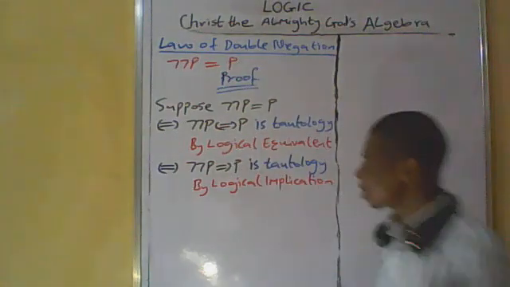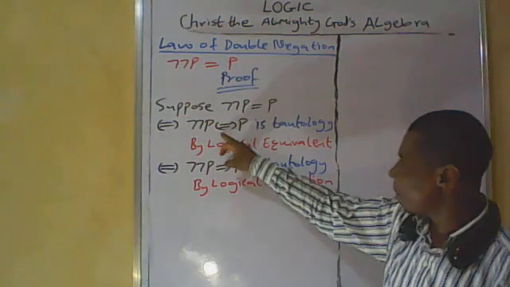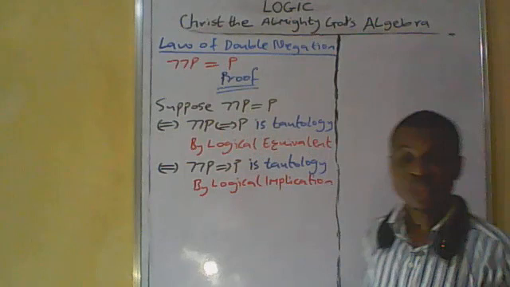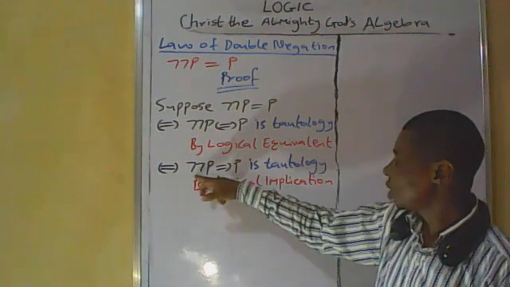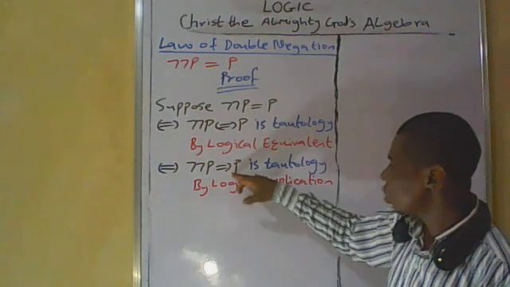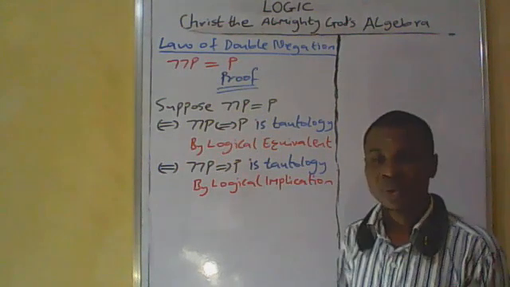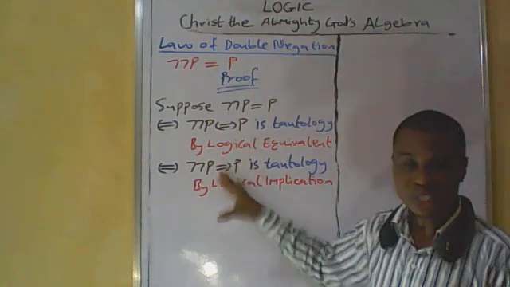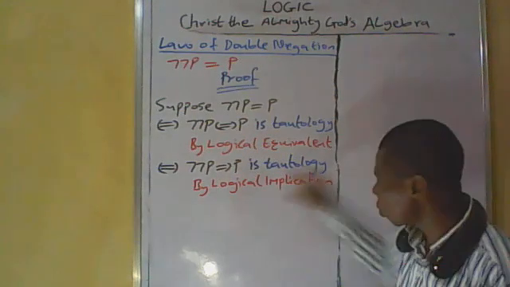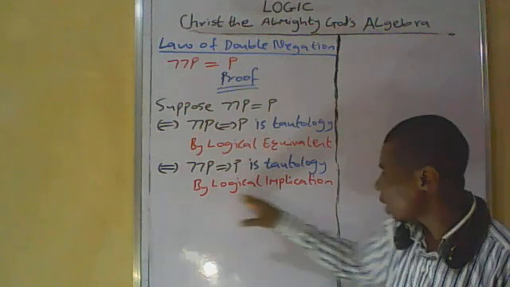Now we have transformed this biconditional statement to a conditional statement and it still preserves tautology, in the sense that whenever the antecedent is true, the consequent must also be true. So by this condition, if you evaluate this statement, there is no possible falsity, always truth. We say that it is a tautology, being justified by logical implication.